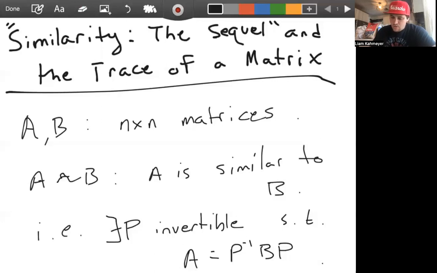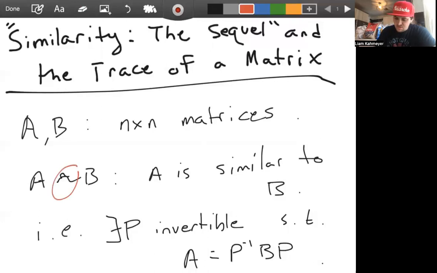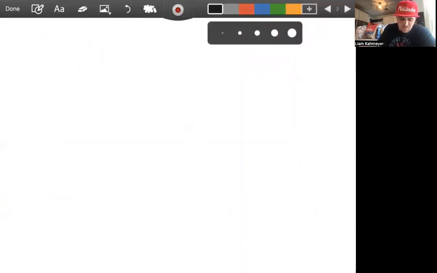What I want to do now is discuss the behavior of similarity as a relation, right? So what does that mean? What's a relation?